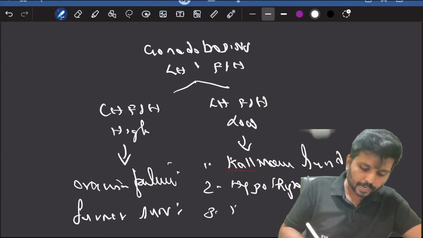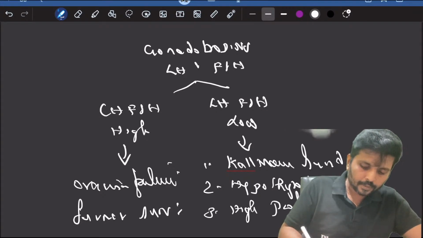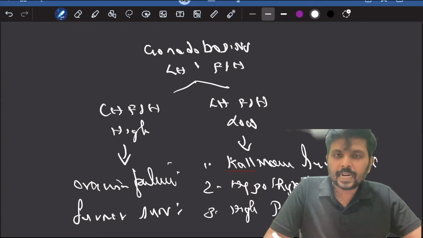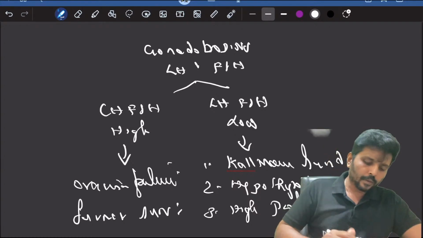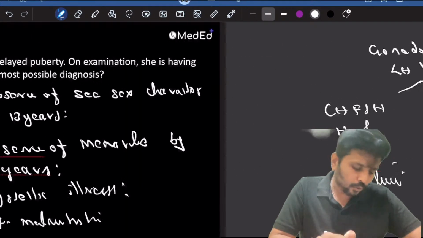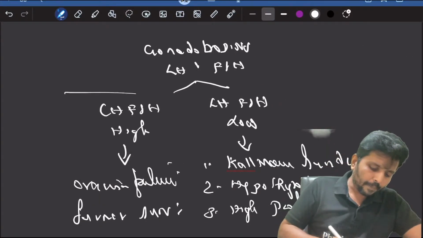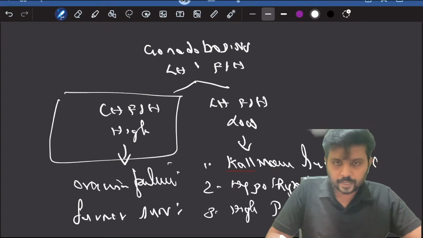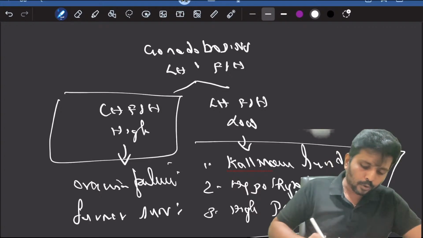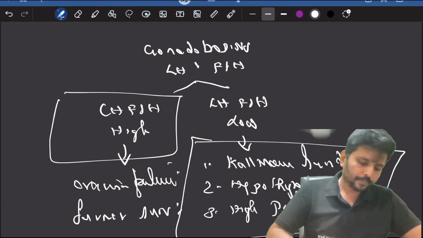Third one is high prolactin, because high prolactin can mask your LH-FSH release. So delayed puberty is mainly based on whether it is hypergonadotropic hypogonadism or hypogonadotropic hypogonadism.